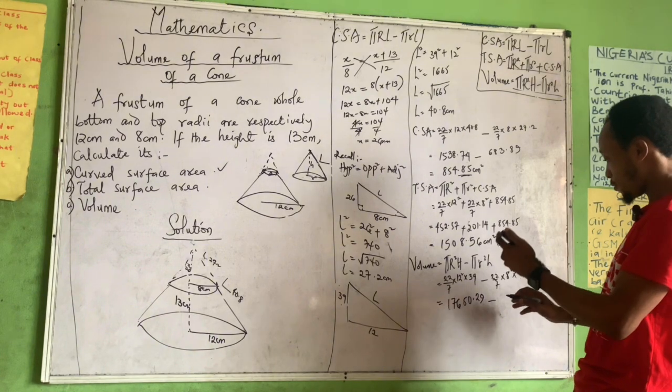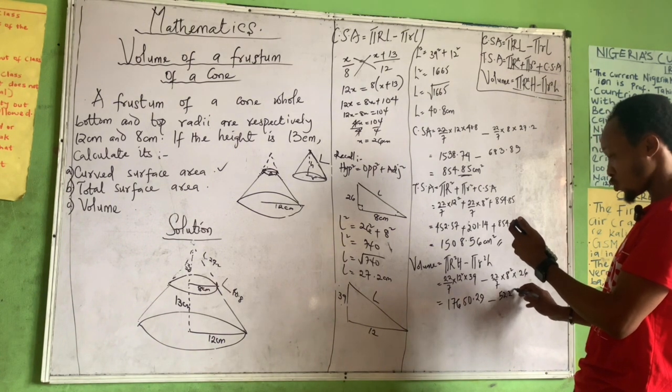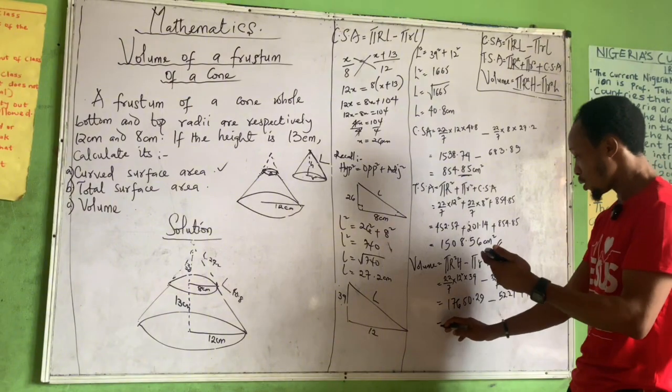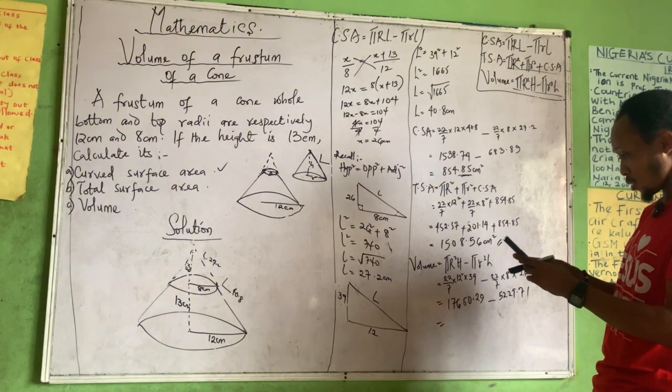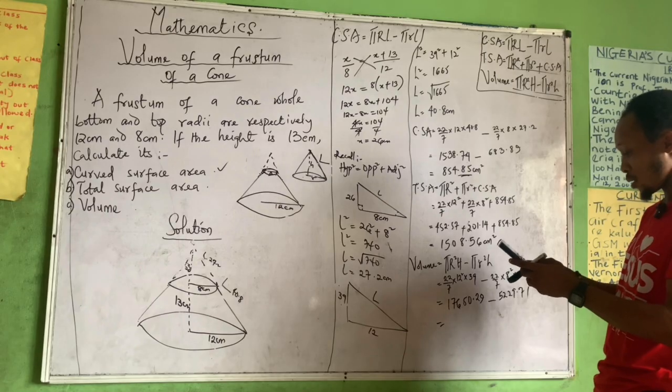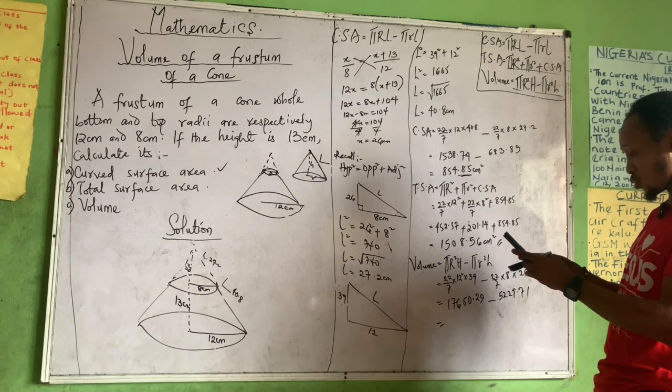We have 5229.71. Now let's minus it. 17650.29 minus 5229.71.